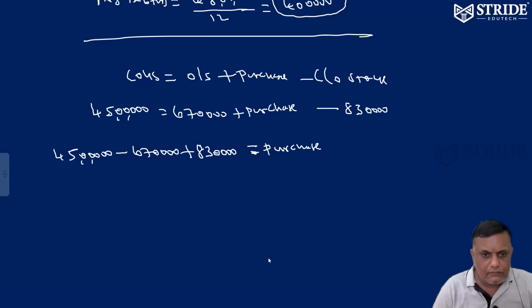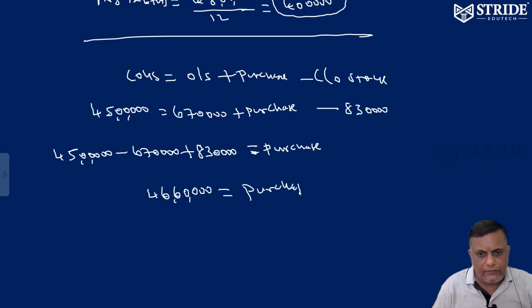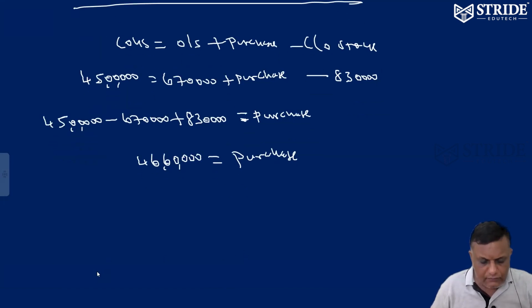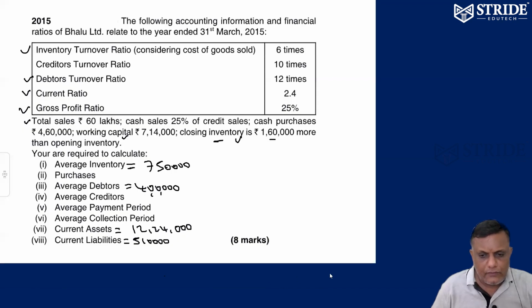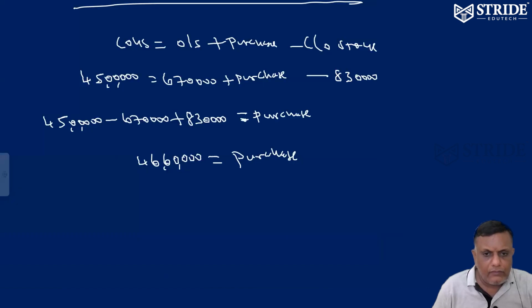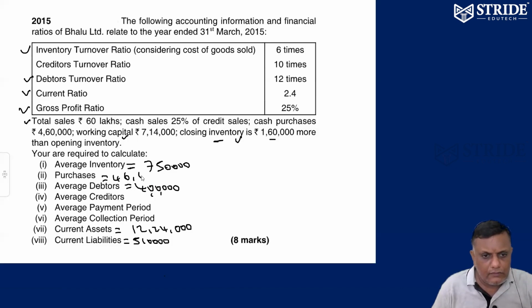It's going to be 46,60,000. Correct? So purchase is equal to 46,60,000.